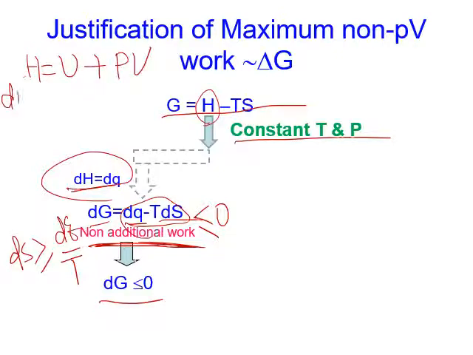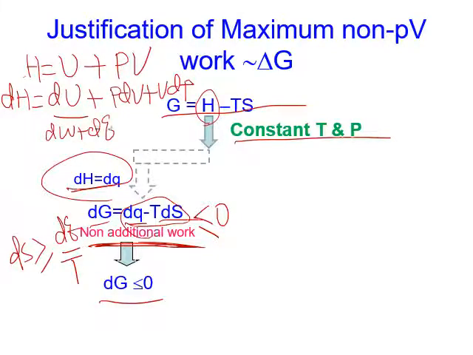So dH equals dU plus PdV plus VdP. The first law says dU equals dW plus dQ, so the internal energy change is work plus heat.